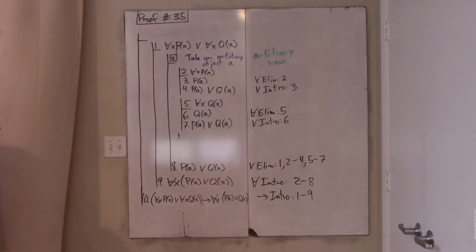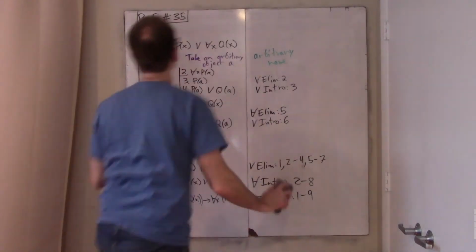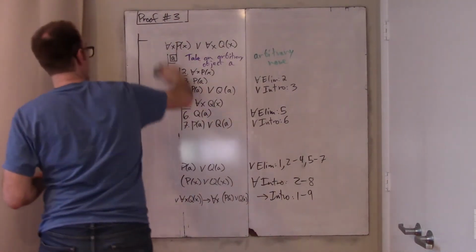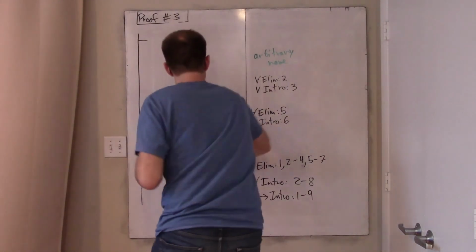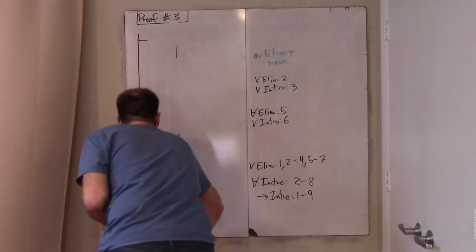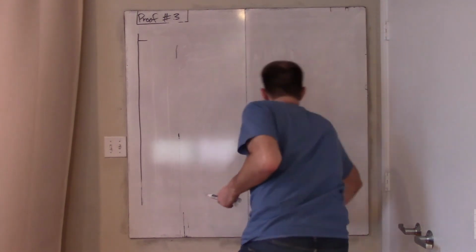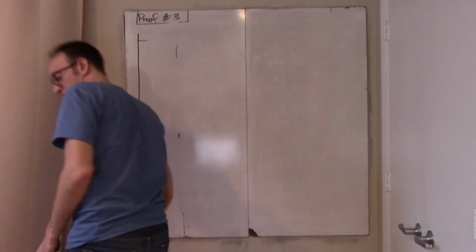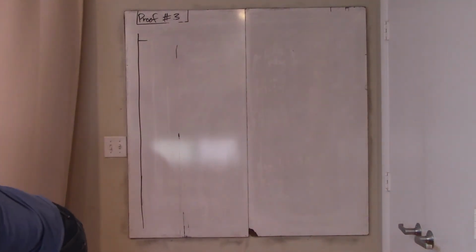Okay, good. I erase and do 36. Let's go. Well, okay, I'll just take a minute and write it down. What is 36?